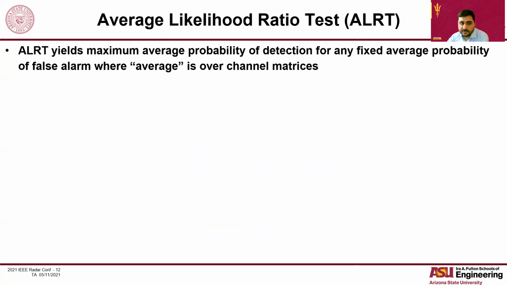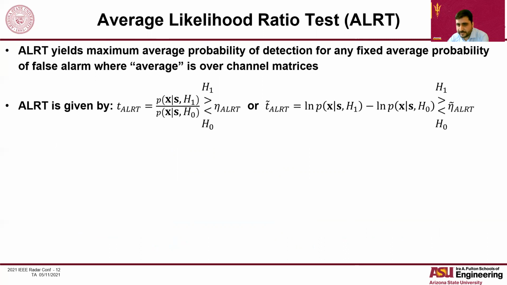So the ALRT yields maximum average probability of detection for any fixed average probability of false alarm, where the average is over channel matrices. Next, we take the distributions under each hypothesis that were shown on the previous slide, and using the expression for the ALRT, we get the ALRT-based test statistic. Here we define X naught as the data observation minus what we know best about the clutter.